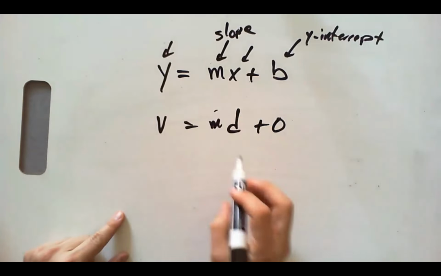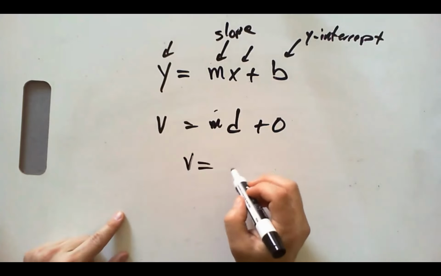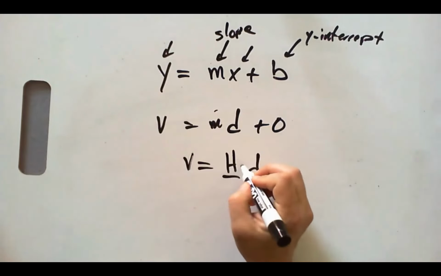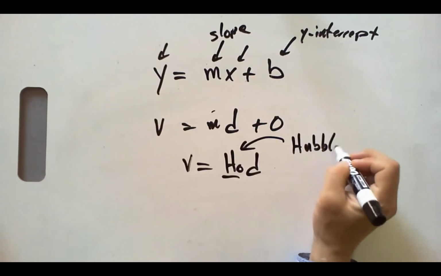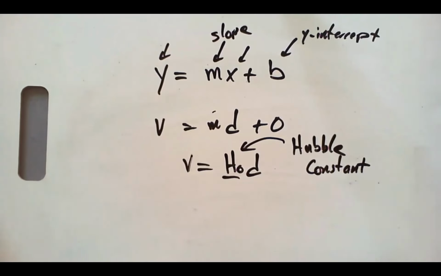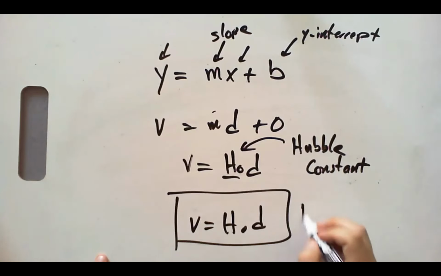We'll still call it m for now. But basically, Hubble's law, that relationship, boils down to v equals some constant times d. And we call this constant H sub 0, or the Hubble constant, after Edwin Hubble himself. So this, v equals H naught times d, is the Hubble law.